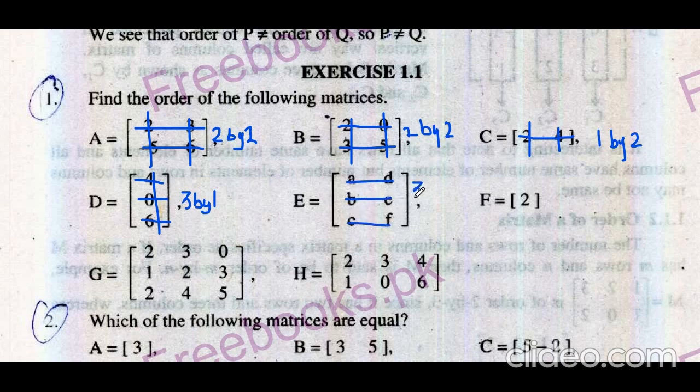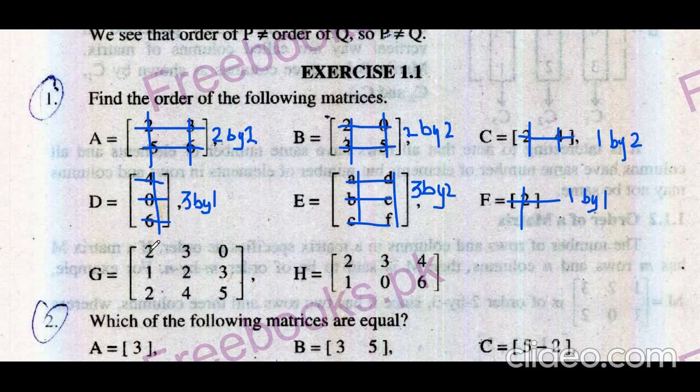There are 3 rows and how many columns are there? 1, 2. 2 columns are there, so the order of matrix E is 3 by 2. What is the order of matrix F? How many rows? 1 row, 1 column. So the order of matrix F is 1 by 1.